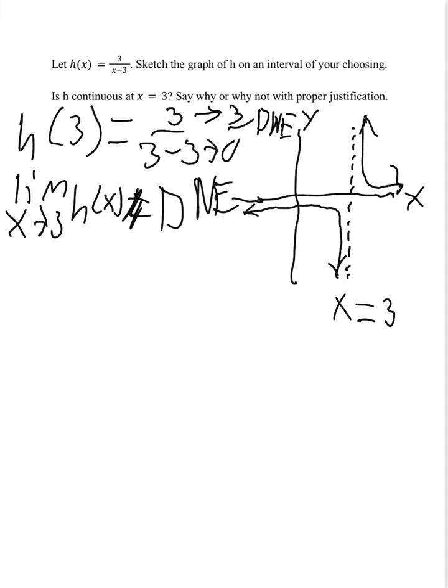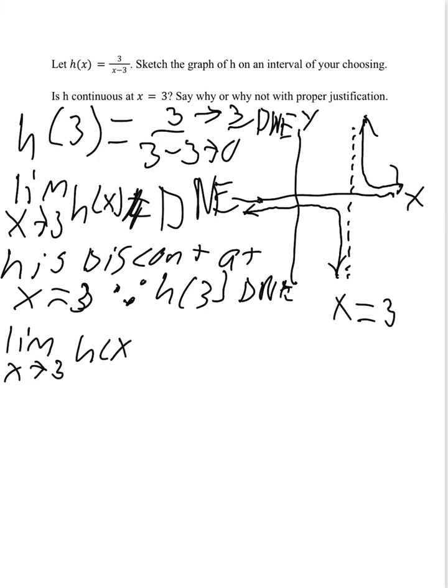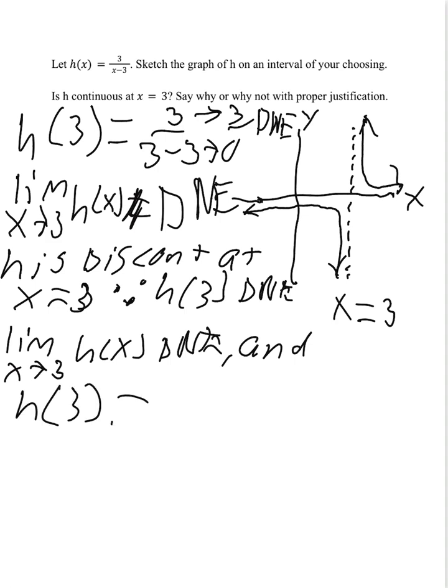So h is discontinuous at x equals 3 because h of 3 does not exist, the limit as x goes to 3 of h of x does not exist, and h of 3 does not equal the limit as x goes to 3 of h of x.